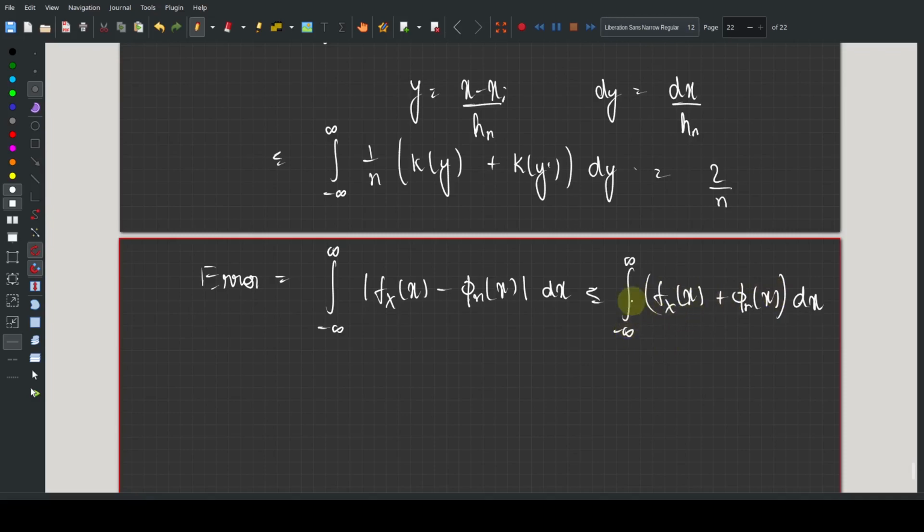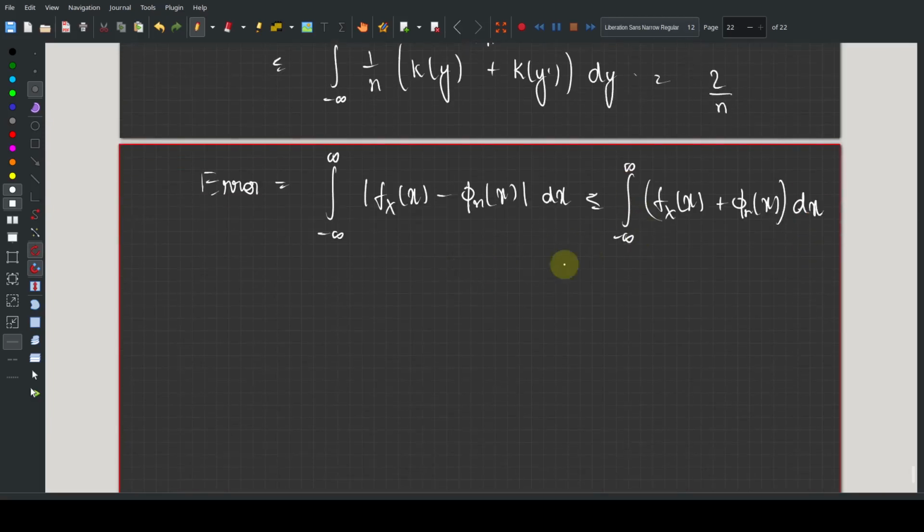But what is the integral of fx of x? It is 1 because fx is a valid PDF. And the integral of pn of x dx will also be 1 because it is 1 over n times a summation of PDFs. So this is less than or equal to 2.